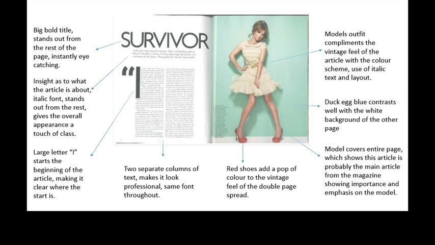They suggest a large initial cap. That letter I, the large letter I, starts the beginning of the article, making it clear where the start is. They are designing on a grid with two separate columns of text that makes it look professional, using the same font throughout the entire publication for text.